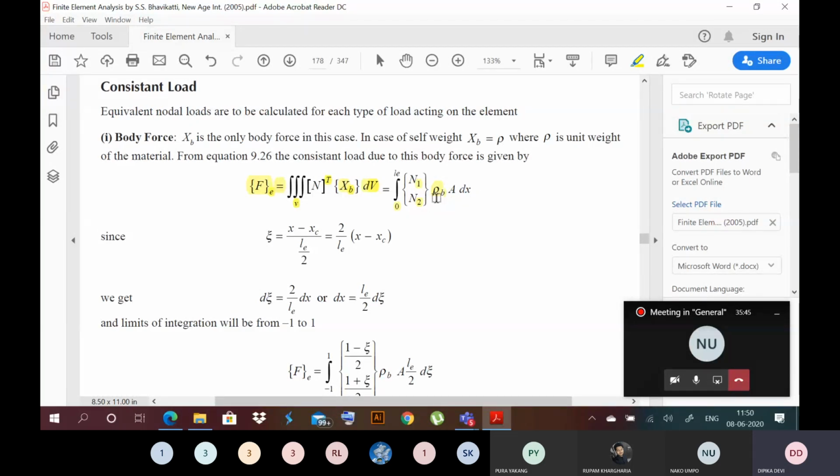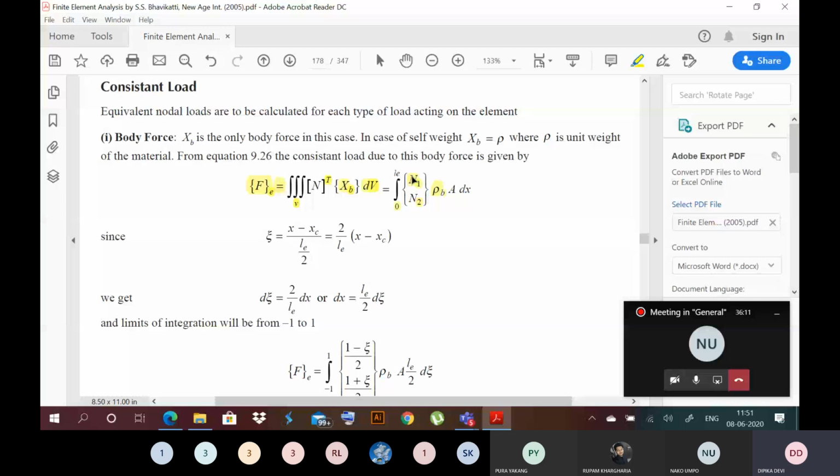Rho is constant throughout the material, so it can be taken out. A is constant, it can be taken out. Then we have to do the integration for N1 and N2. So it will be rho into A into the integration over the length of N1, N2 dx. You have to do the integration for N1, N2 separately. But if we use the shape functions in terms of the natural coordinate system, N1 will be a function of xi.